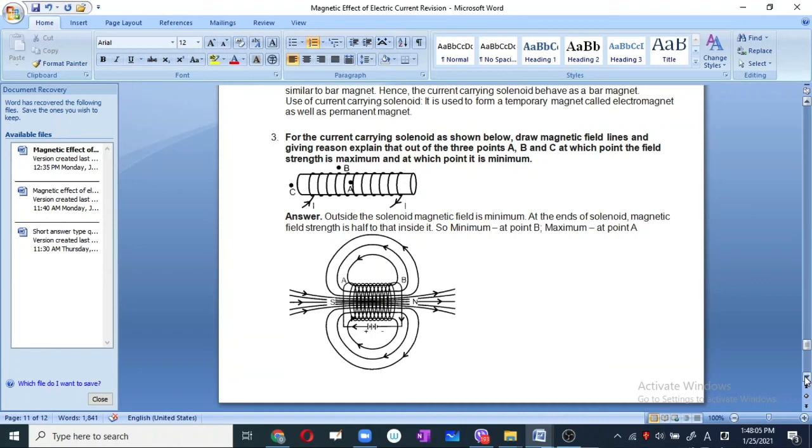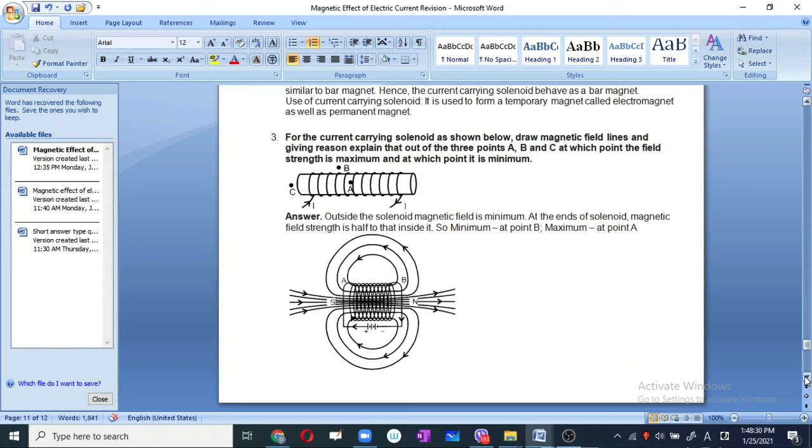Because of this, inside the solenoid the magnetic field strength is greater. Outside the solenoid, of course, it is minimum, and at C it is intermediate between A and B.